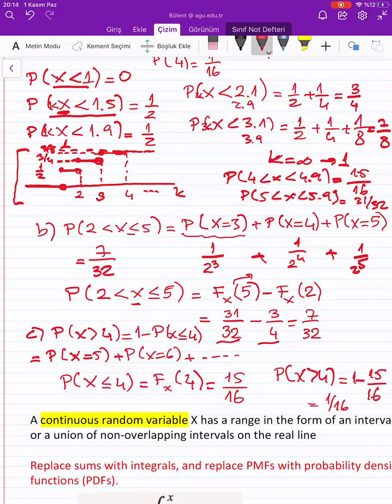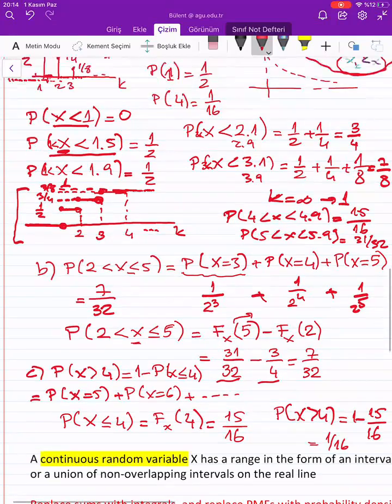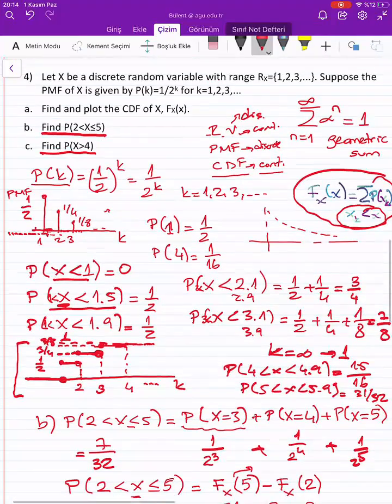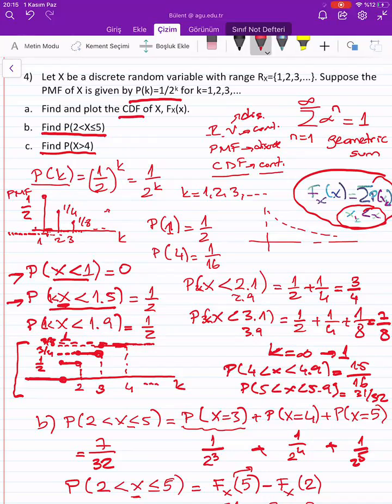Okay, so this is how we solve such a question. So we looked at p_k first, we drew it like that. We understand that the probability is decreasing when we increase k, and we plotted the PMF. Then we plotted the CDF using these properties of CDF, and then plotted our CDF like that, right? So this is our CDF function.